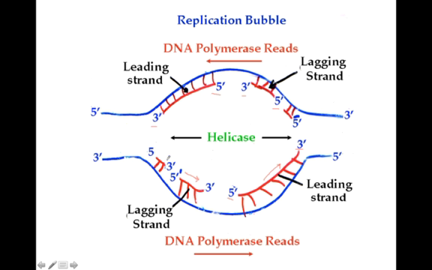If we look at the bottom, we're building to the right. If we look at the top, we're building to the left. That's because DNA is anti-parallel. So we always build in the 5 to 3 direction, which are opposite directions if we're talking about anti-parallel DNA. This is just showing our DNA polymerase 3 and the direction that it moves in.